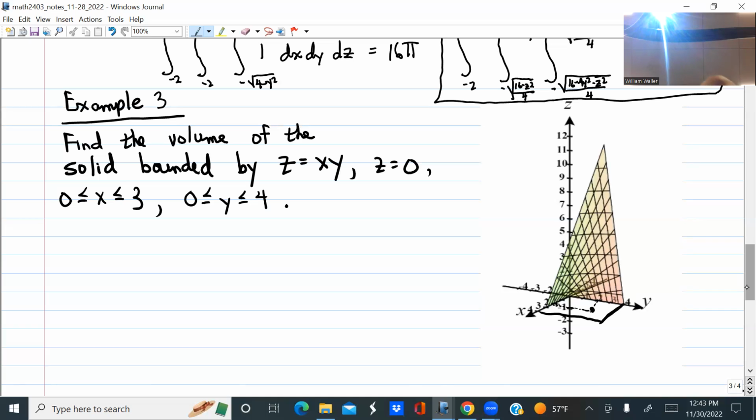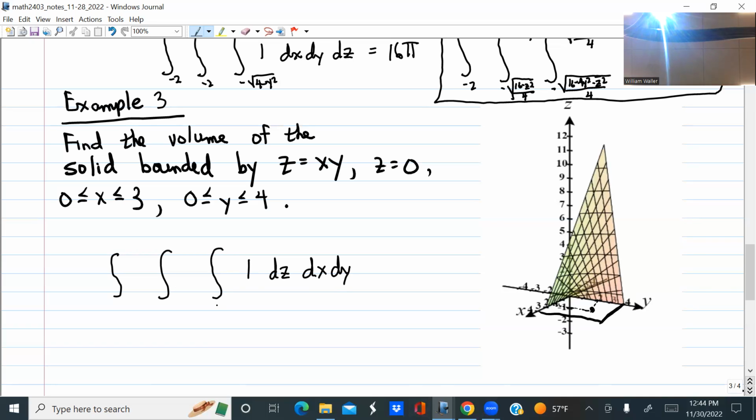Here's how you can set this up really quickly as a triple integral. The order of integration that you'll want to use is this. Use dz first, and then you can either do dx dy or dy dx, whichever suits you. You'll still use an integrand of 1.